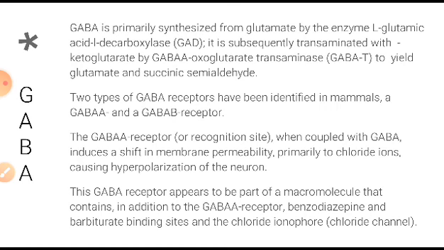This GABA receptor appears to be part of a macromolecule that contains, in addition to the GABA-A receptor, benzodiazepine and barbiturate binding sites, and the chloride ionophore, which is a chloride channel. So this is how GABA is located and works in the system.